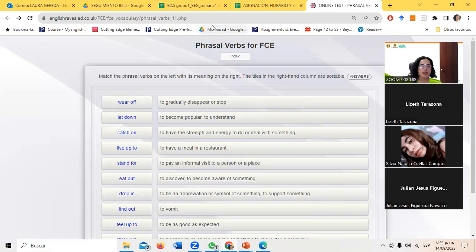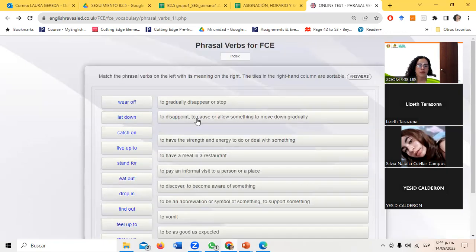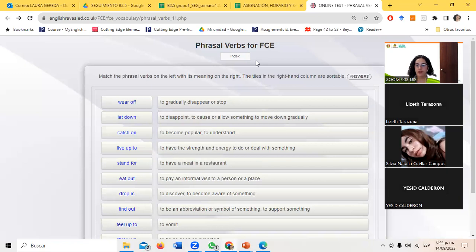Let's see next. To let down: to disappoint, or to allow something to move down gradually. Yes, so to let down is to disappoint or to allow something to move down gradually.